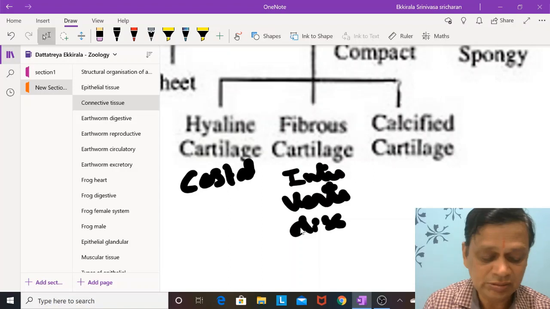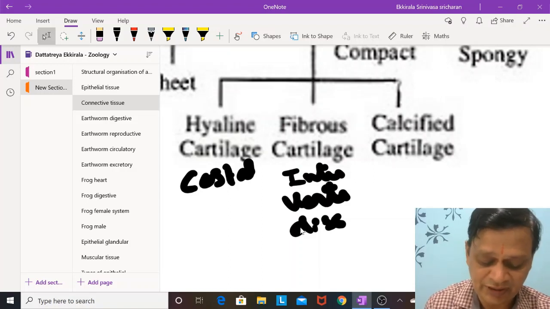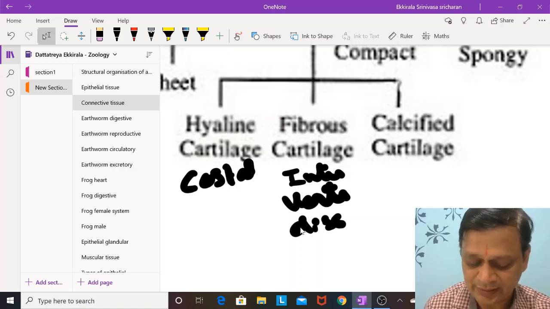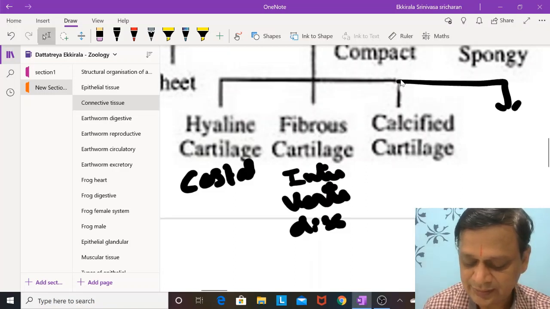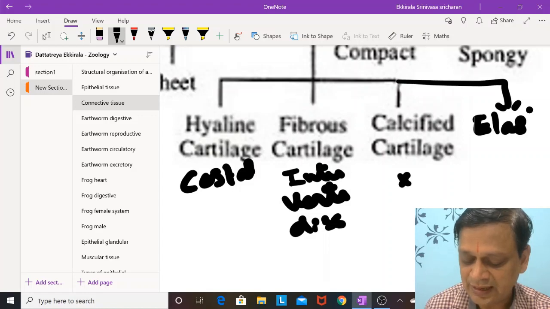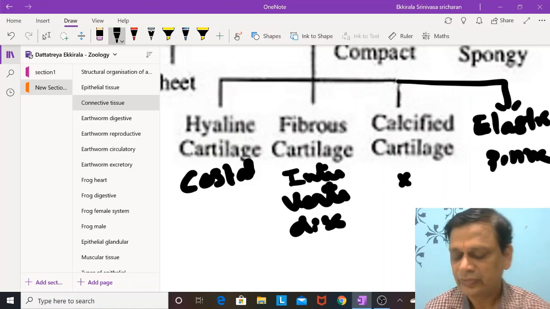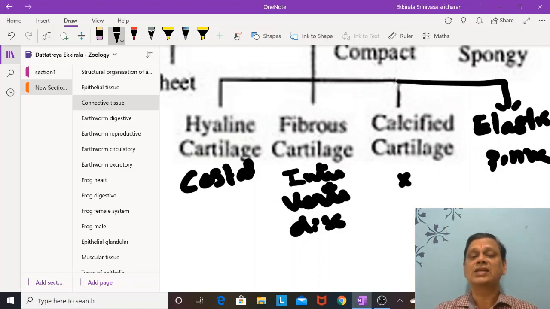And calcified cartilage is rare. In mammals you cannot see calcified, that is a rare type. But elastic cartilage, the best example is pinna. So don't get confused with elastic connective tissue.